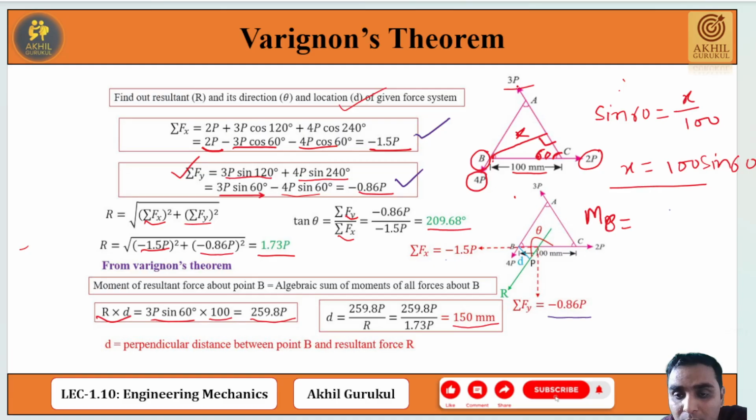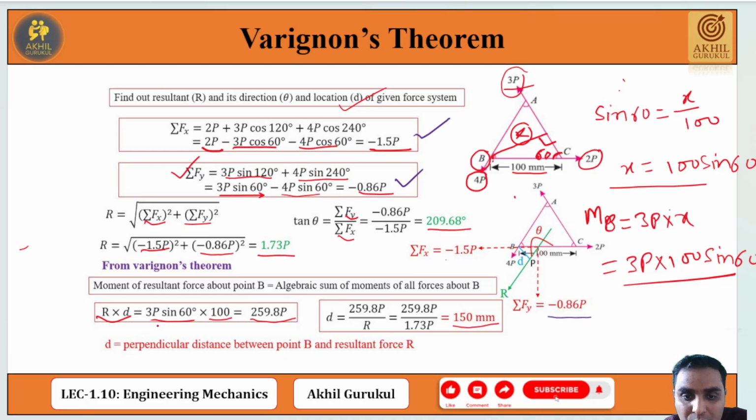So the moment of 3p about point B is equal to force 3p into the perpendicular distance x, so 3p into 100 sin 60. By this method we can also get the same result.